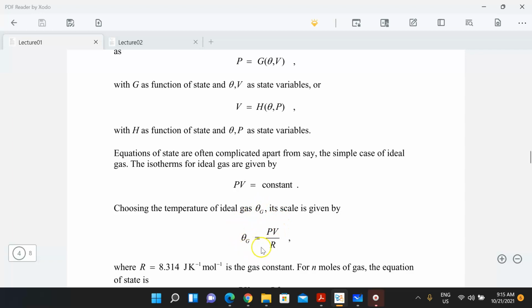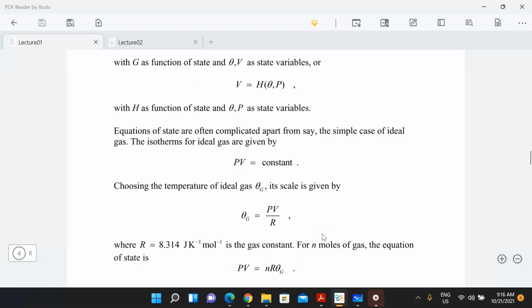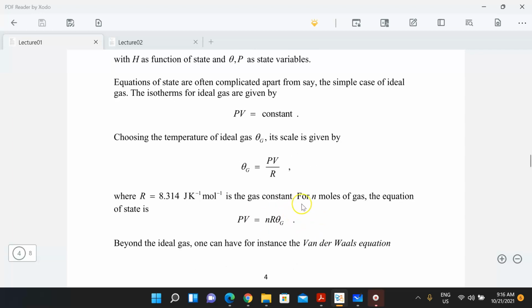So you get theta g equals PV over R. This is just your function, capital F, previously. And if you include the number of moles, then this will be the one that's probably familiar to you from high school: PV equals nR theta g.